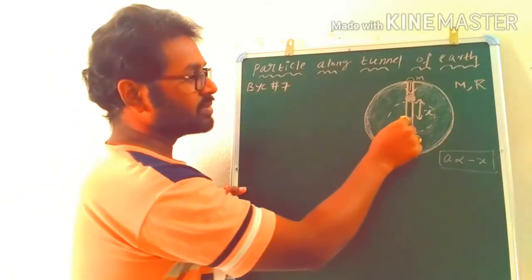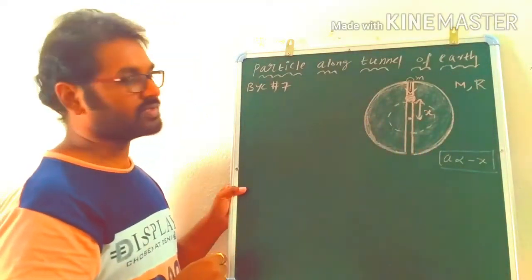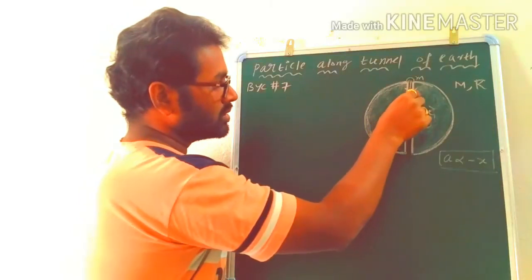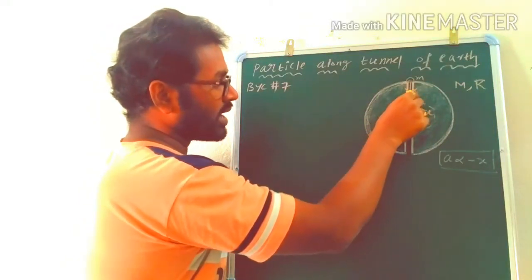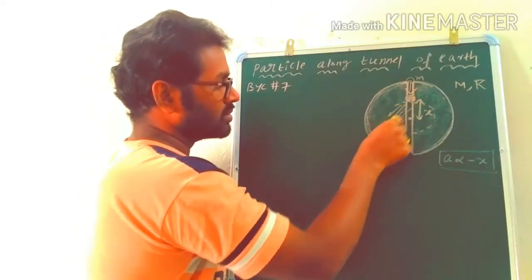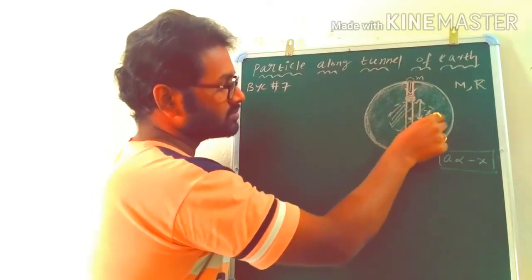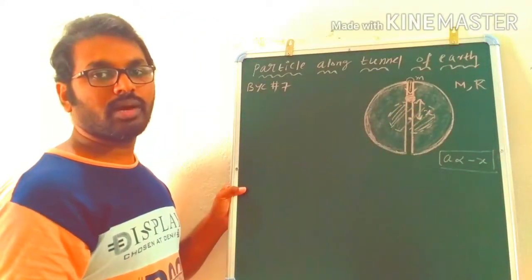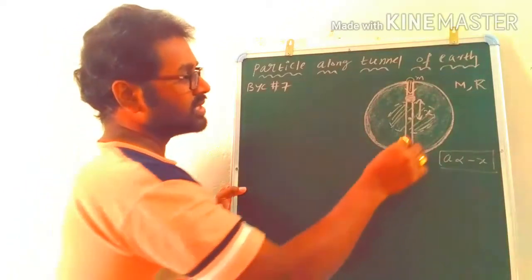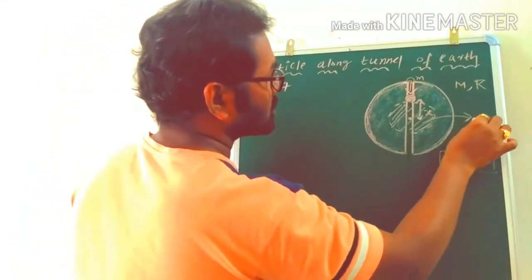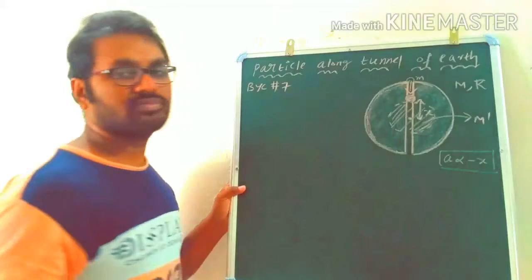The radial distance from the center is x. So this object is attracted by this much part. We can say this shaded portion mass is equal to m dash.